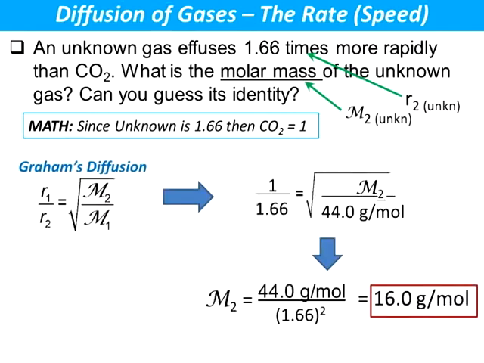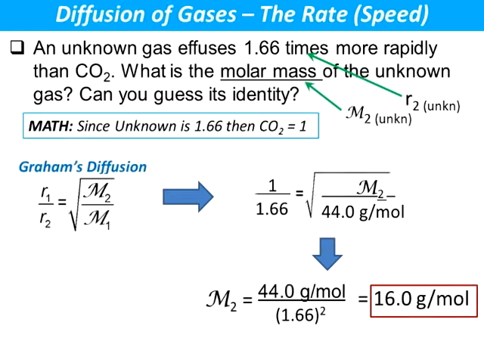So it's 1.66 the rate for the unknown compared to a rate of 1 for carbon dioxide. With that in mind, we simply take Graham's diffusion equation, which relates R1 over R2 to square root of M2 over M1. We put in the values of 1 for the rate of carbon dioxide divided by 1.66 as the rate for the unknown.